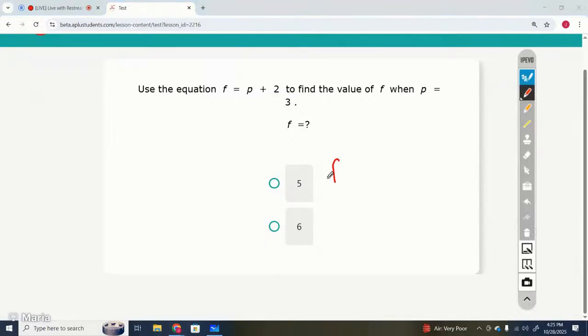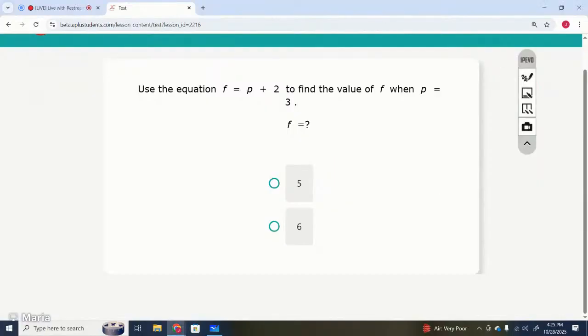So the equation is f equals p plus 2. Replace the variable p with the value 3. So 3 plus 2 is 5. The correct option is 5. Option number 1 is the correct option.